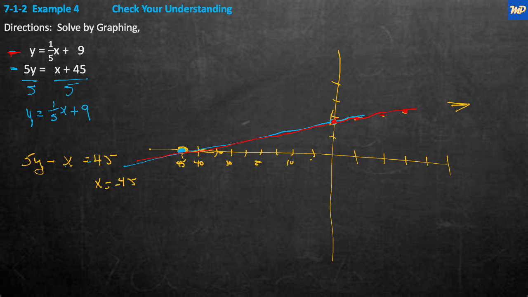And so there's an infinite number of solutions here with these two equations because these lines are right on top of each other. The y-intercept is exactly the same for both, and the slope is the same. 9 divided by 45 is 1 divided by 5. Okay? Hope that works out for you. Sorry about that trouble, but maybe it's a little clearer now that we redid it.